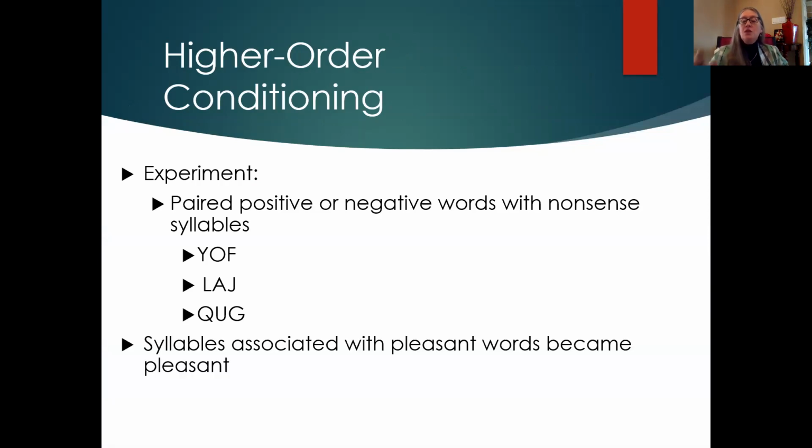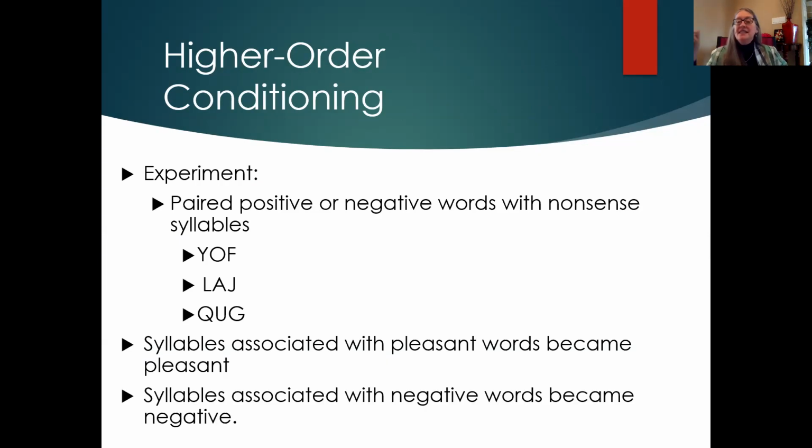And what they found was syllables that were associated with pleasant words became pleasant. And you guessed it, syllables associated with negative words became negative. So once you have a positive feeling toward pizza, I can then pair anything with the word pizza, and through several pairings, I can probably give you a positive feeling toward that. And that's pretty incredible.